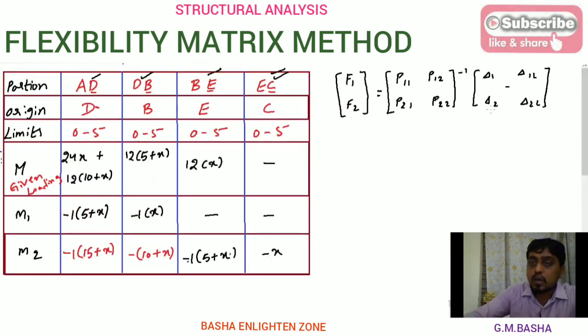what about this delta 1 and delta 2? Already I told you this delta 1 and delta 2 are the net displacements at the coordinate directions 1 and 2 respectively.